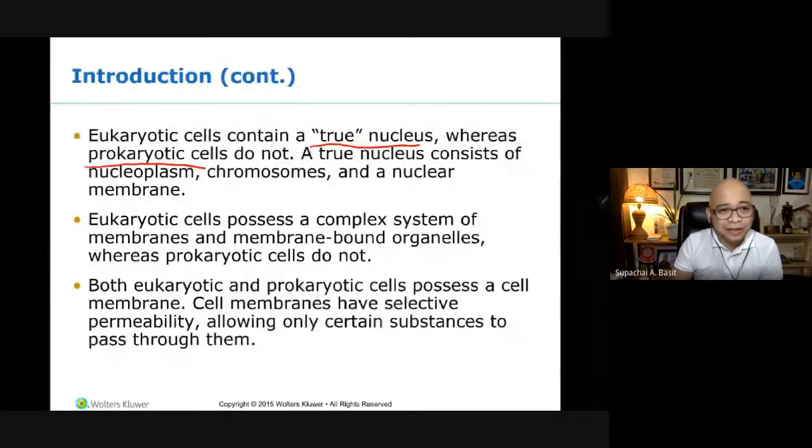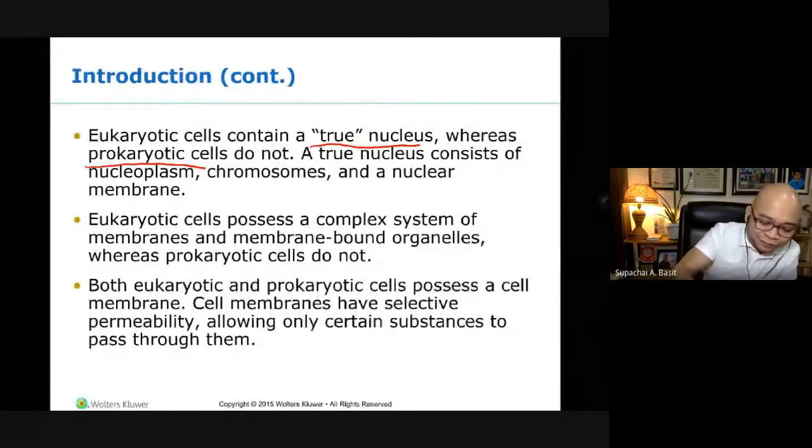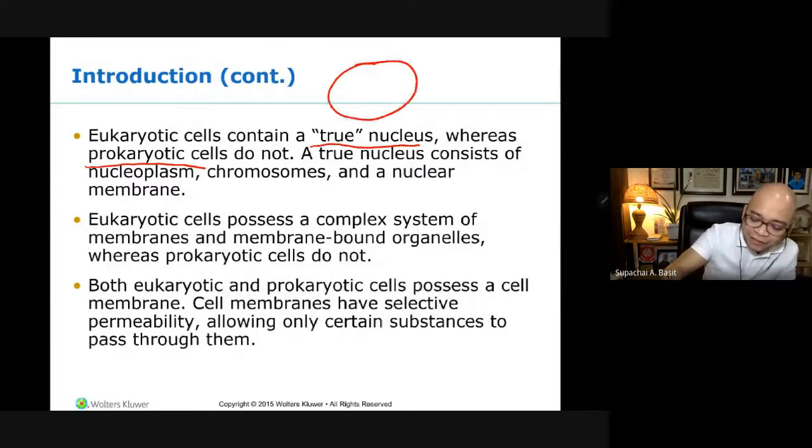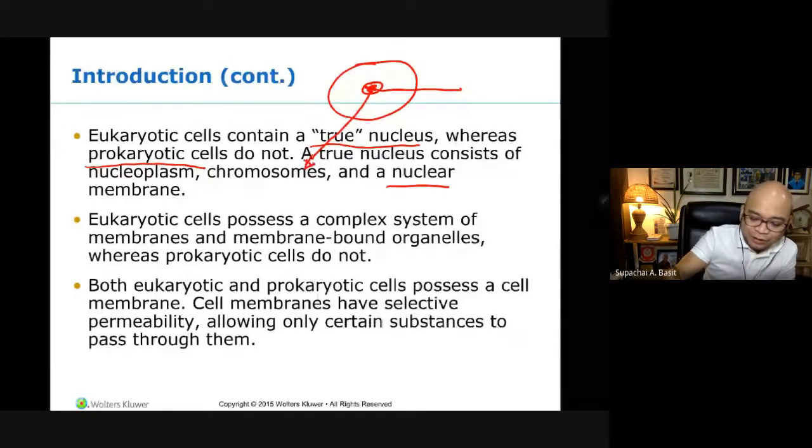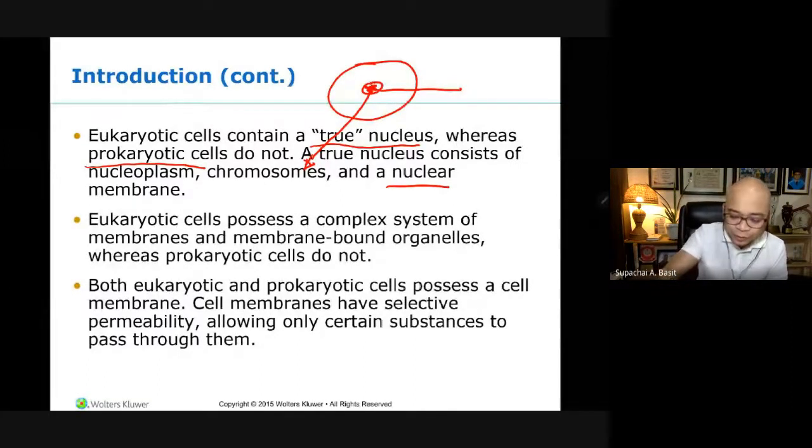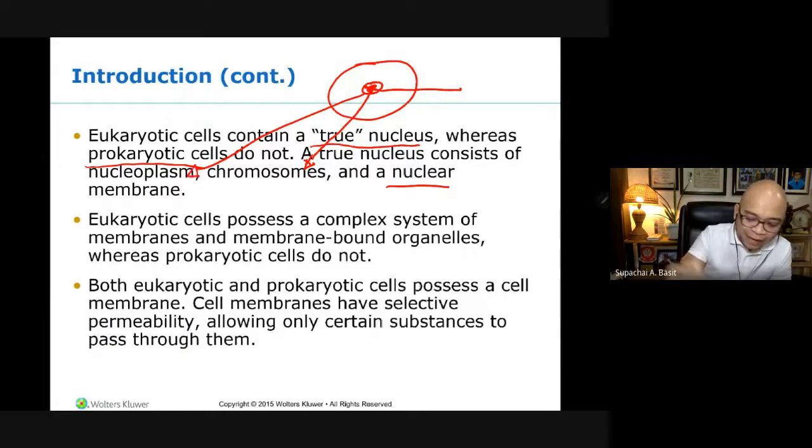Because of this structure. If this is the cell, then this is the nuclear membrane. Then inside the nucleus are the chromosomes. And the gel-like fluid found inside the nucleus, we call the nucleoplasm. So this makes the cell a true nucleus.